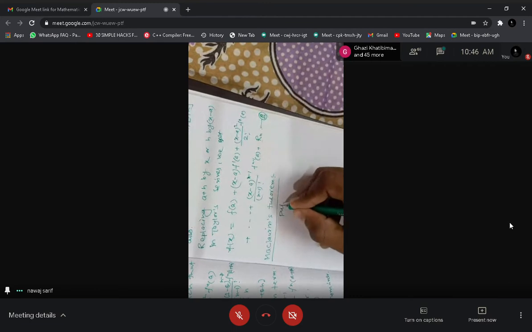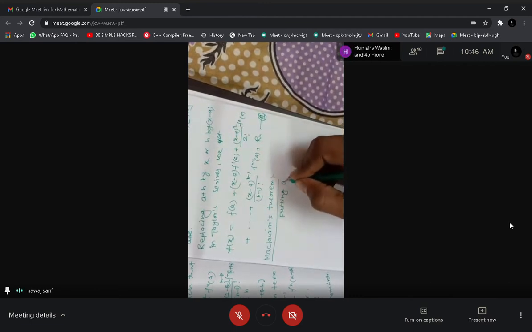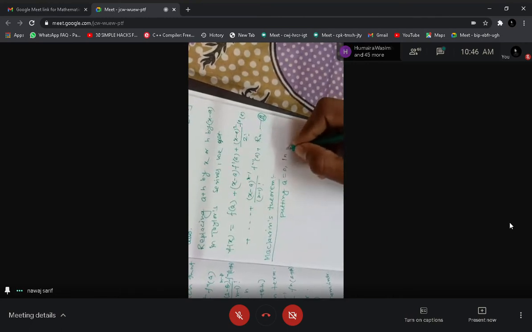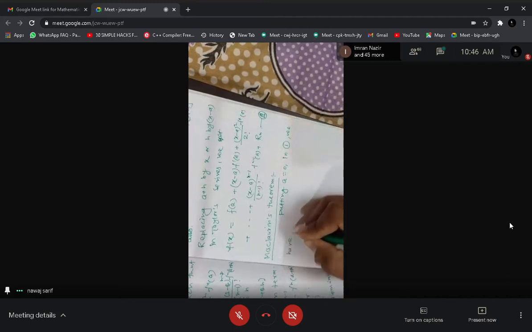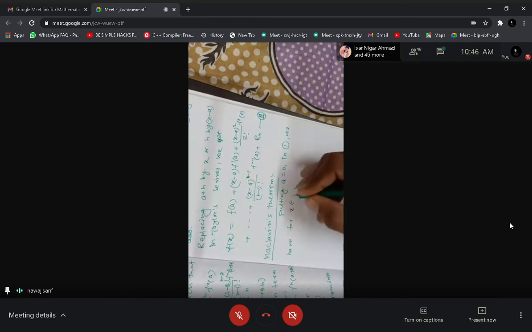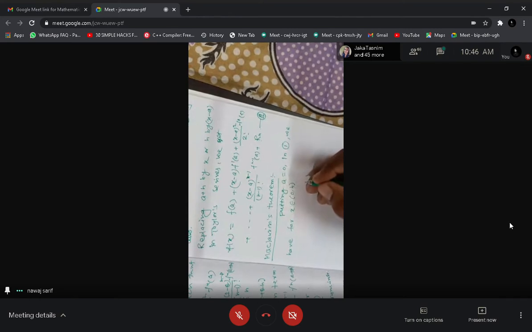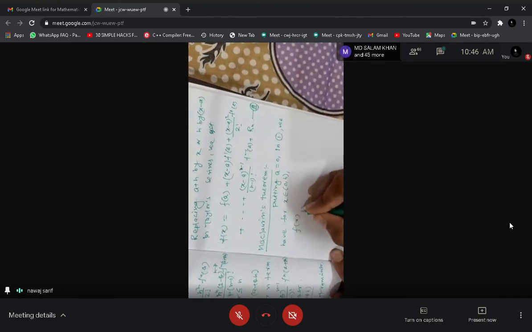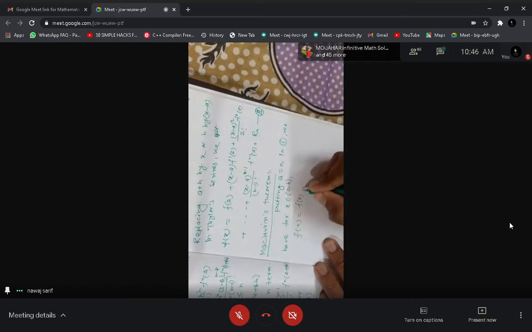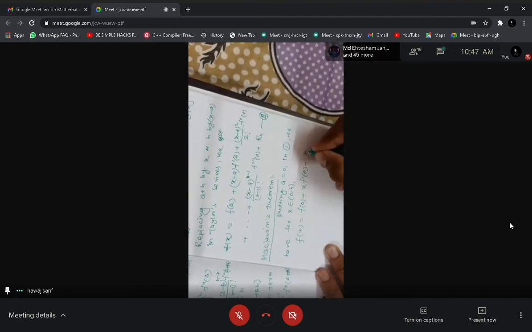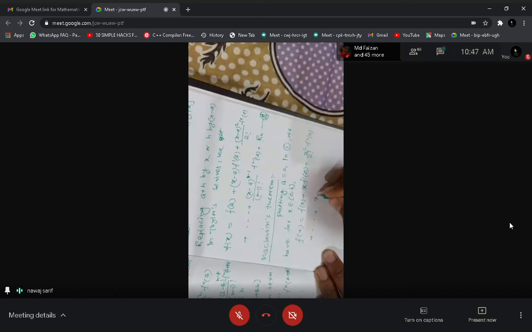Putting a equals 0 in equation 1, we have, for x belongs to 0 to h, f of x equals f of 0, put a equals 0 in this expression, then x into f dash 0, then x square upon 2 factorial f double dash 0, then x to the power n minus 1 upon (n minus 1) factorial f^(n minus 1) 0, then this is the remainder term.